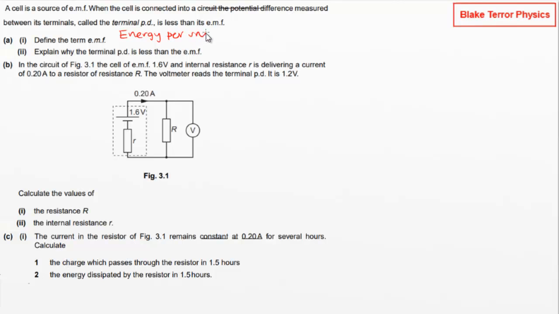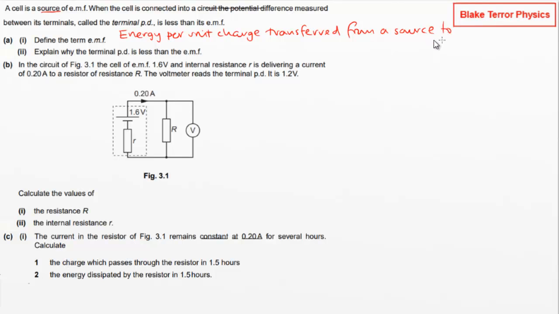So energy per unit charge, and then what are we doing with that energy per unit charge? So it's the energy per unit charge transferred, because that's what we're doing with energy. We transfer it from one place to another from the source. So, we're saying the cell is a source, so we use that energy per unit charge transferred from a source.